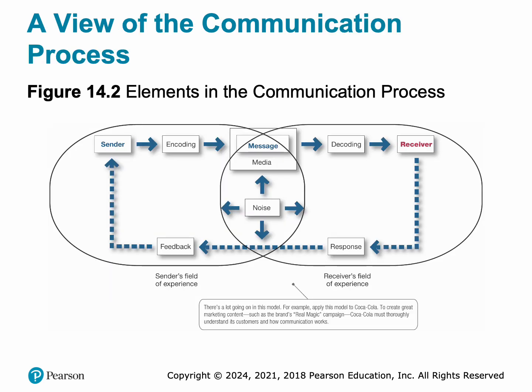So let's look at this. Sort of follow me on this. The sender is the party sending the message to another party. Encoding is the process of putting thought into symbolic form. The message is the set of symbols the sender transmits. Media refers to the communication channels through which the message moves from sender to receiver. Decoding is the process by which the receiver assigns meaning to the symbols.